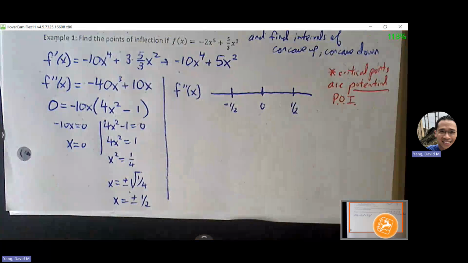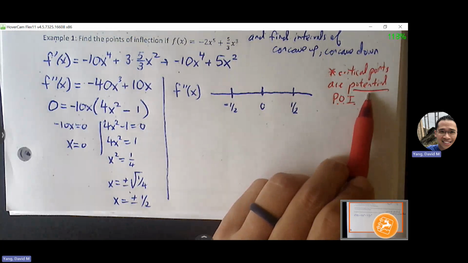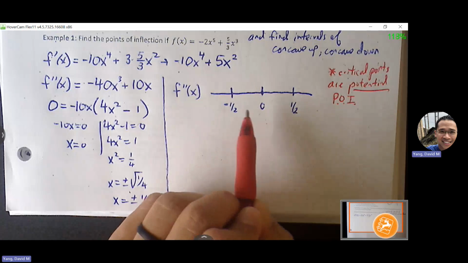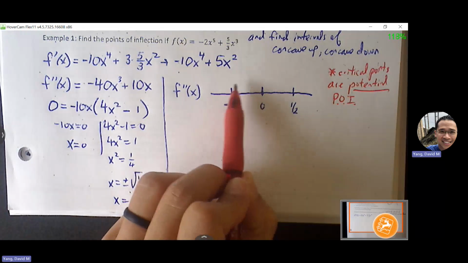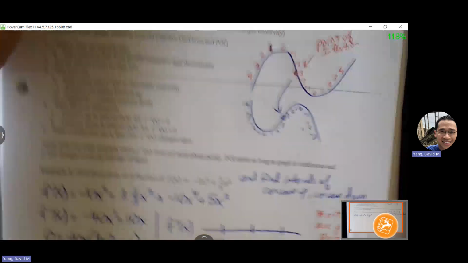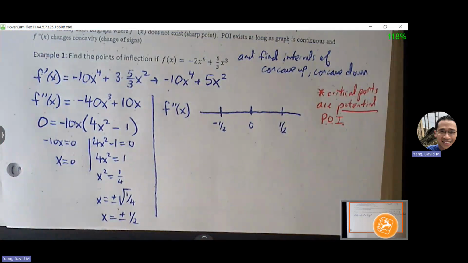I'm going to abbreviate points of inflection now as POI, so I don't have to write as many letters. But the reason that I want to say potential is because just because these are on these sign lines doesn't mean that these are points of inflection. There has to be a change in what? Yeah, a change in concavity in order for it to be a point of inflection. So we have to go and test the signs before we can confirm that these are points of inflection.